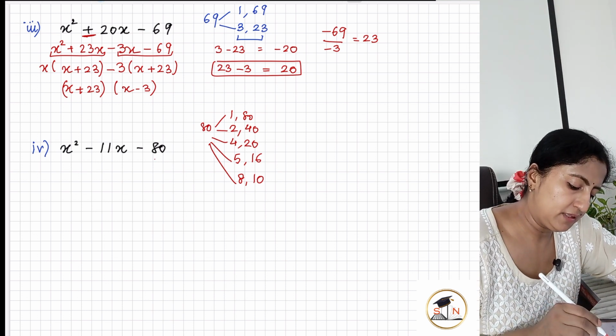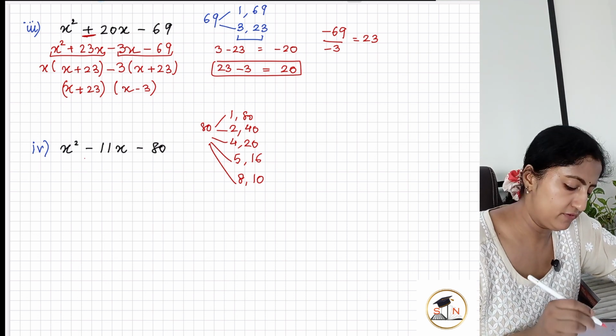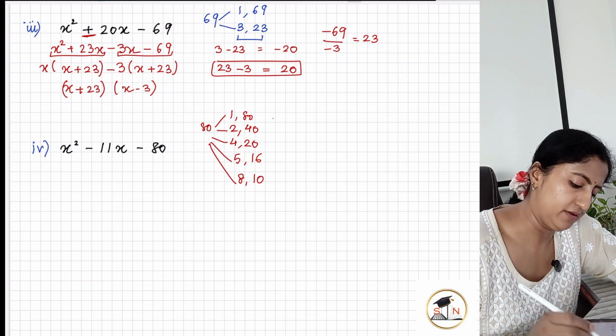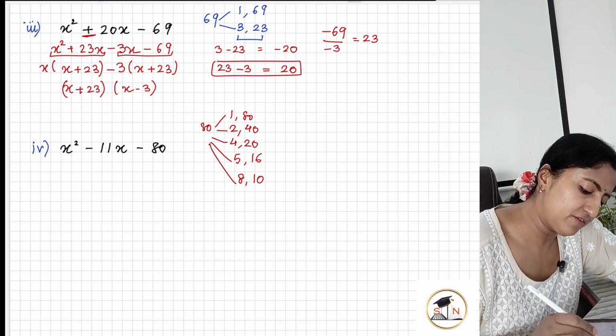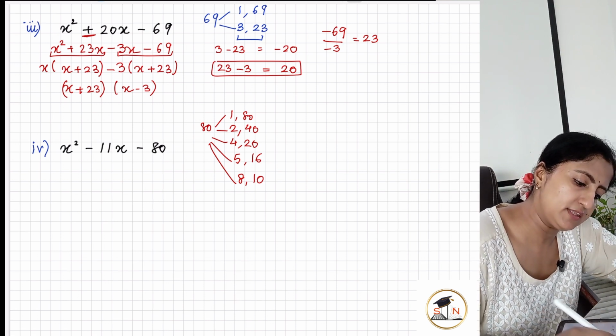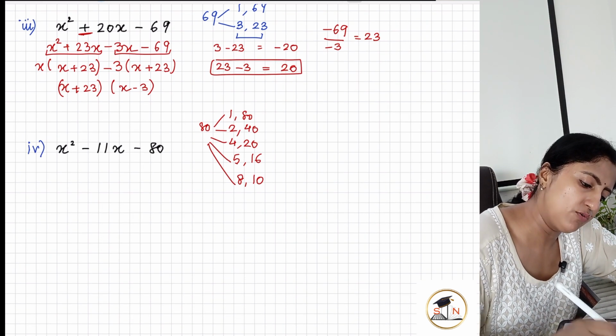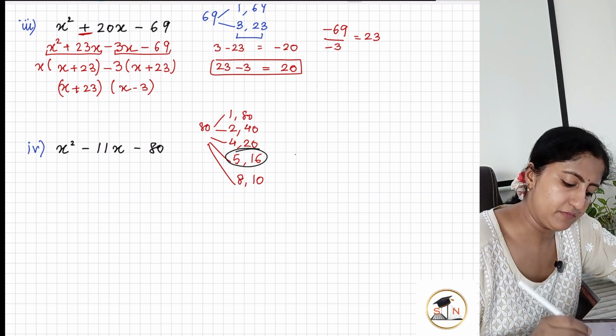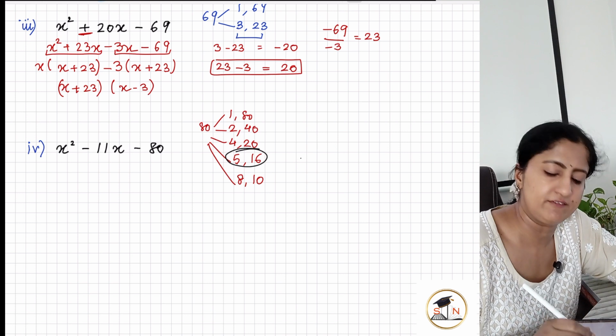Now, the product is negative, 80 is negative, and the middle term is also negative. Okay. What can give me 11 over here? Out of these, the combination that can result in 11 is only 5 and 16. Okay. And how will it result in negative 11?